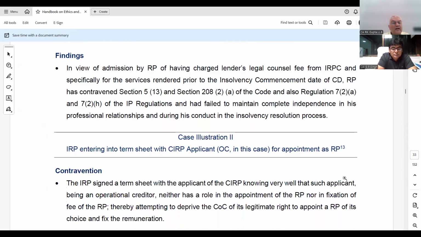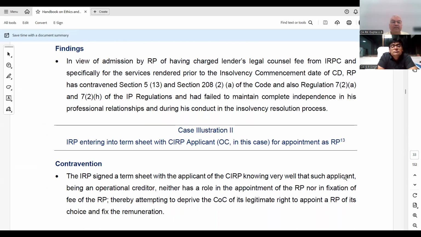Next point: IRP entering into a term sheet with the CIRP applicant, an OC, in this case for appointment as RP.